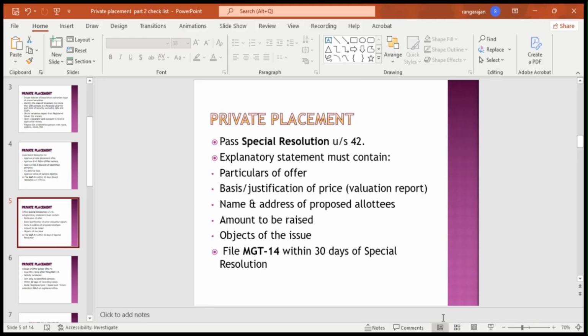Particulars of offer means the price of the shares, 10 rupees or 100 rupees, and what about the premium, and the basis of justification of price.